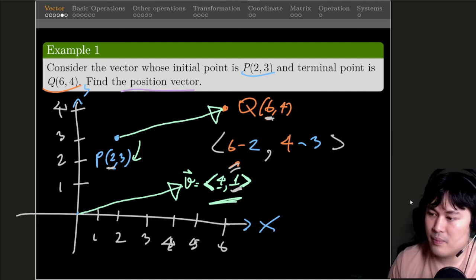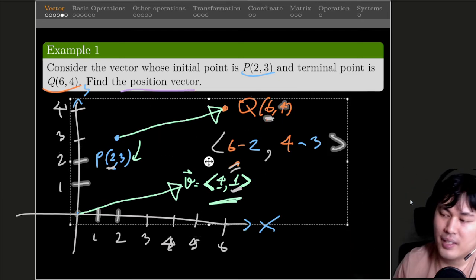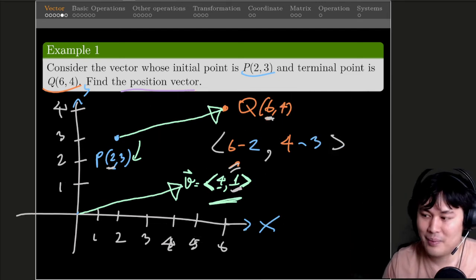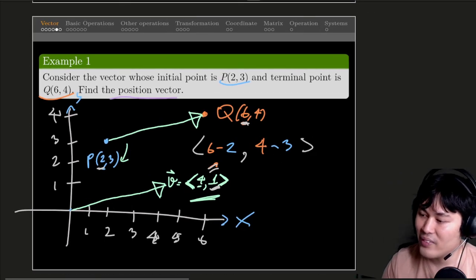I suggest you just draw it and visualize it. But if at some point you need a formula, which I don't suggest, you can find the formula.